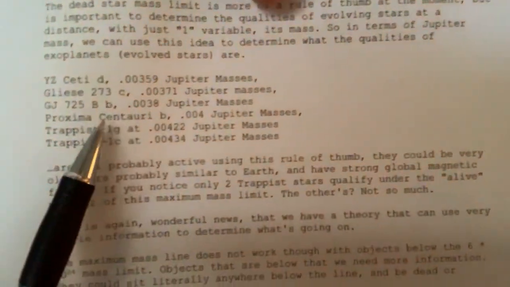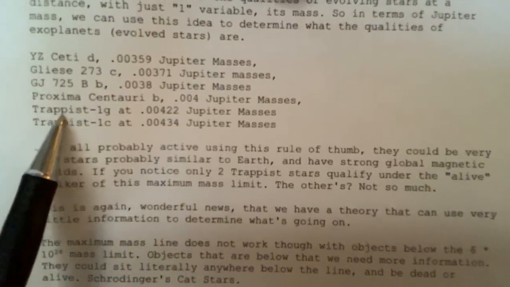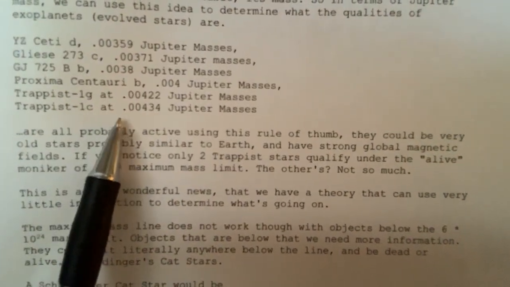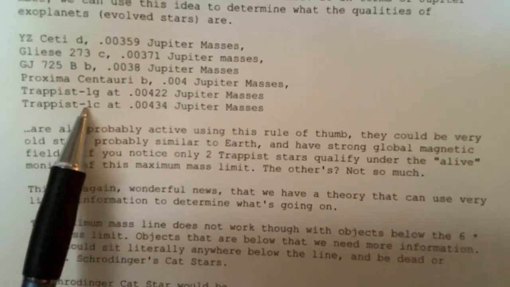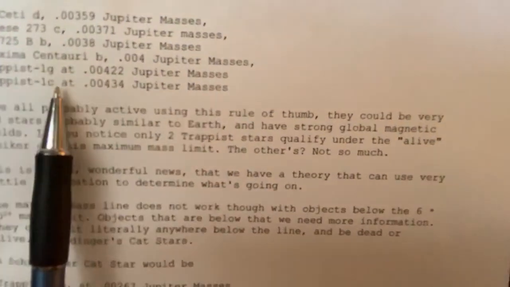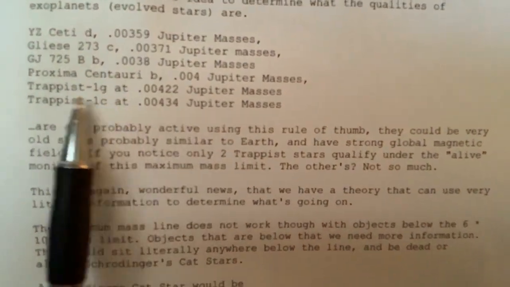And I arbitrarily set it at 6 times 10 to the 24 kilograms. I didn't put Jupiter masses in here, but I calculated it. I should have put Jupiter mass in here. But basically what it amounts to is a lot of the graphs I have available are in Jupiter mass, and the objects that sit above that 6 times 10 to the 24 kilograms are TRAPPIST 1C and 1G, meaning these two objects right here are probably active.